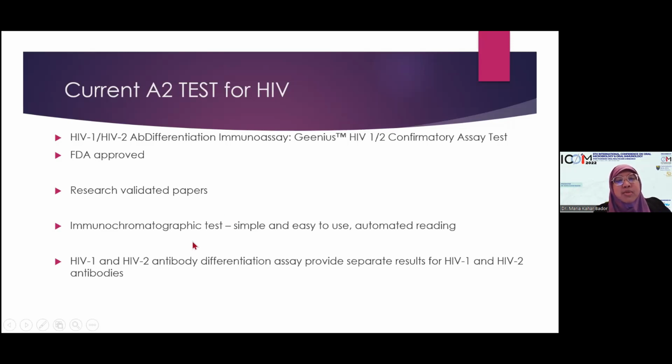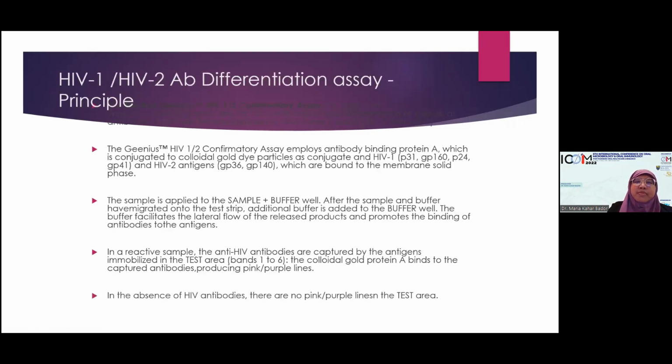It's a simple immunochromatographic test, and the good thing about it is that it has an automated reading, so there is no error as such, and it can give, as mentioned, separate results for the HIV-1 and HIV-2 antibodies. The principle is quite simple.